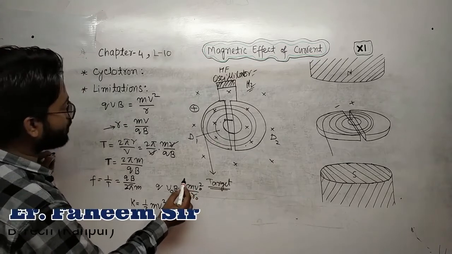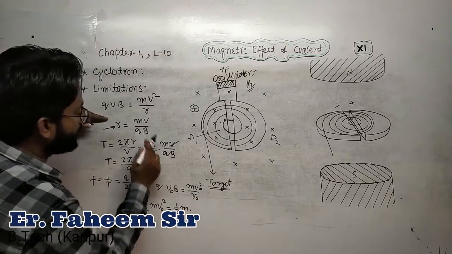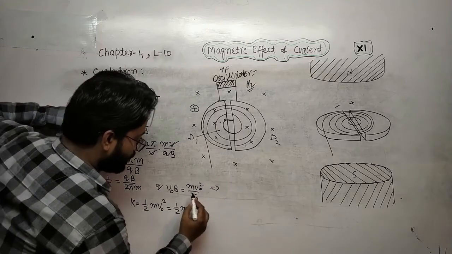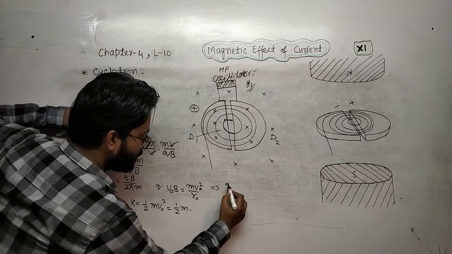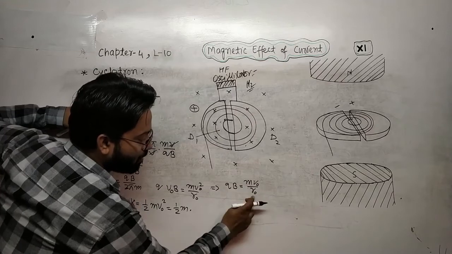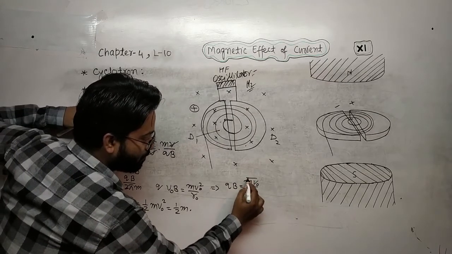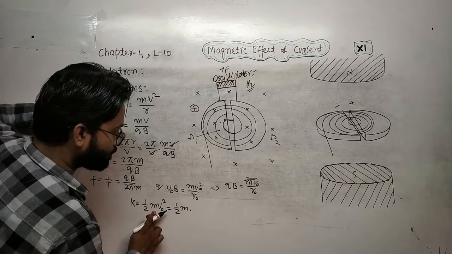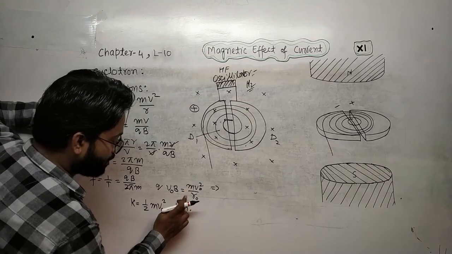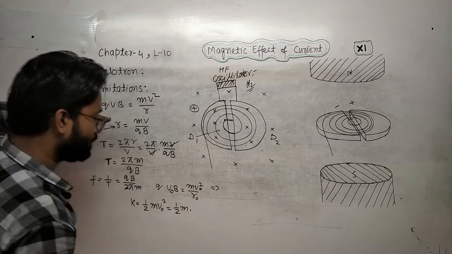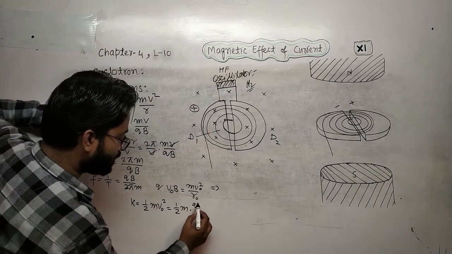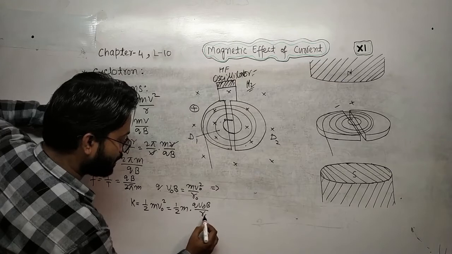In place of mv0 square, what will we write? v and v cancel, qB is equal to mv0 upon r0, so in place of mv0 square you can write q v0 B upon r0.